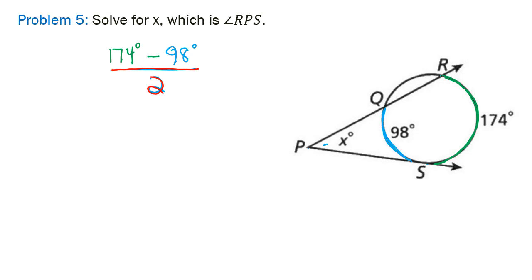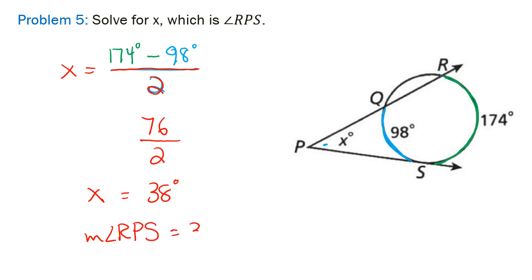So 174 minus 98 is 76 divided by 2. So we get 38 degrees. So x is equal to 38 degrees, or you could say that the measure of angle RPS is 38 degrees.